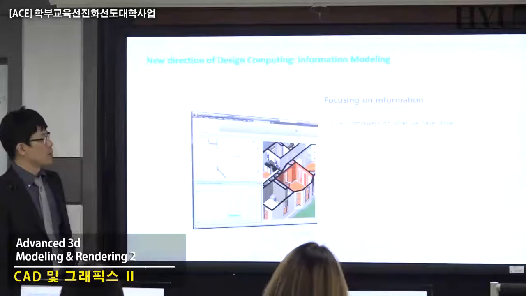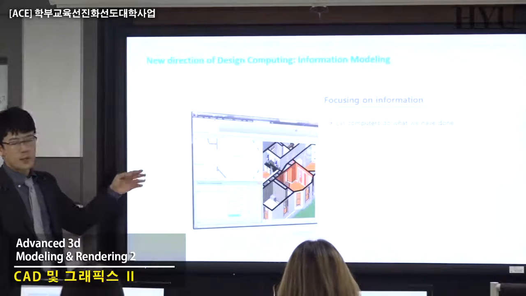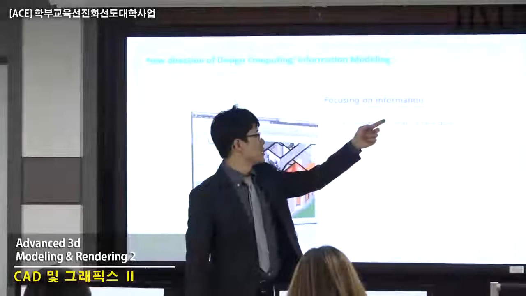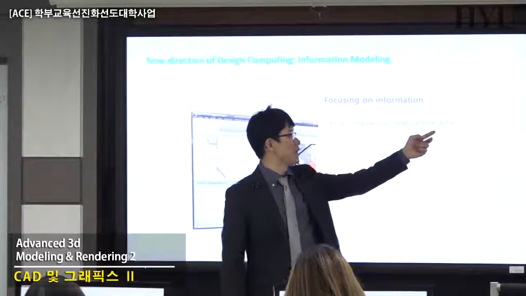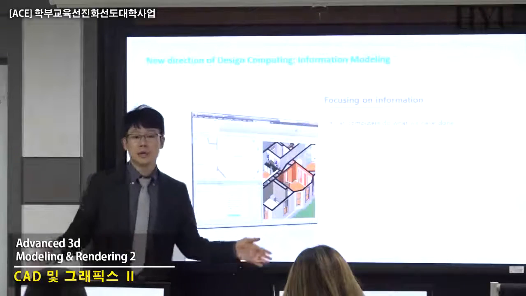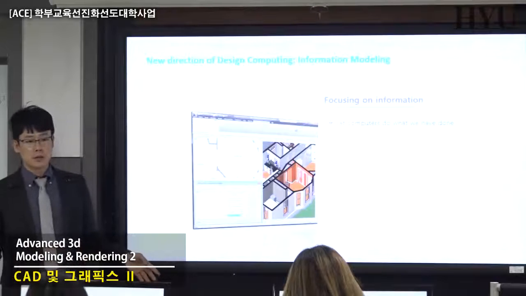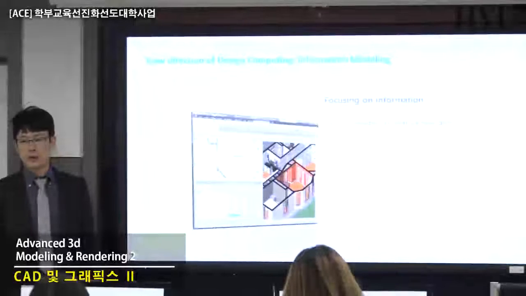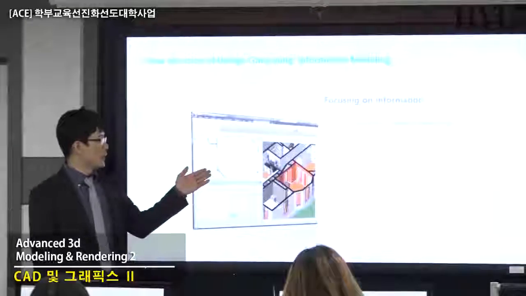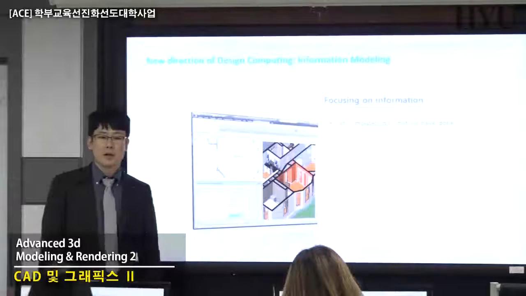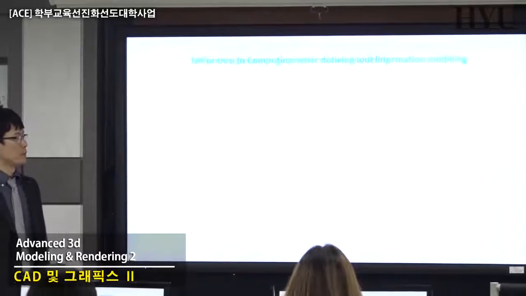But the new direction, information modeling, especially building information modeling, focuses on information: let computers do what we have done, entirely in terms of the design life cycle, the building life cycle, regarding construction and management and so on. That is why we need to know these advanced computing features.